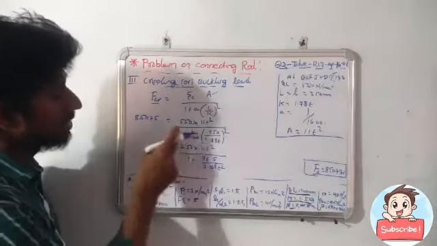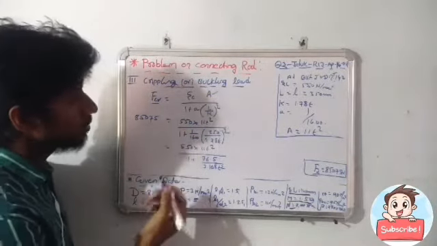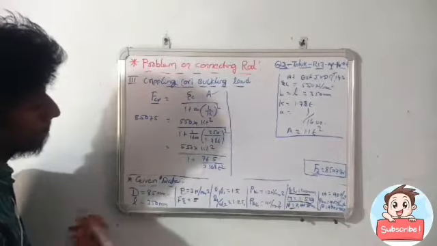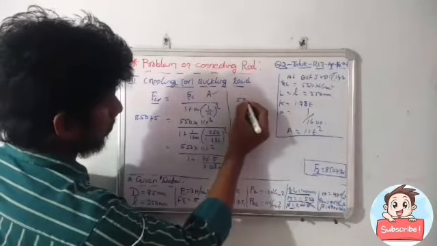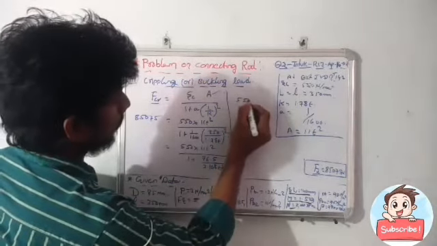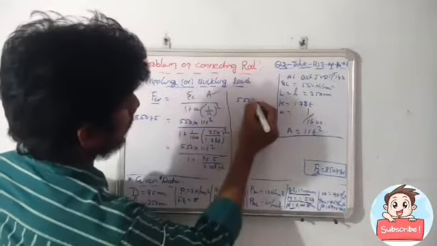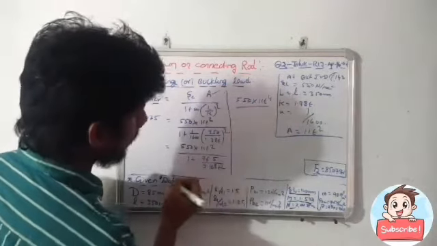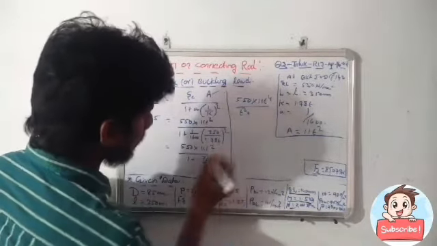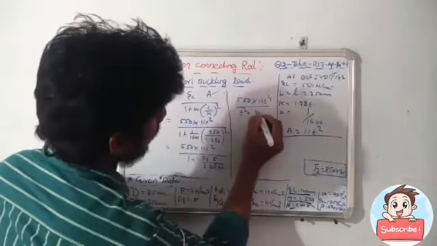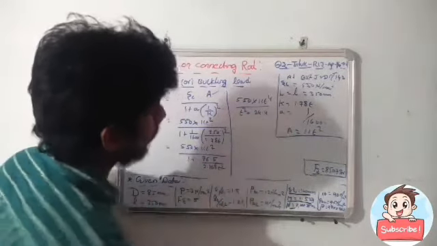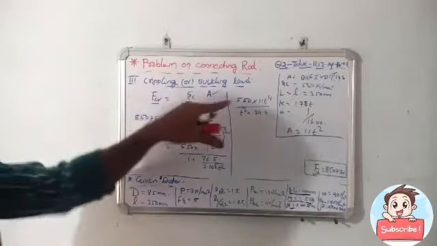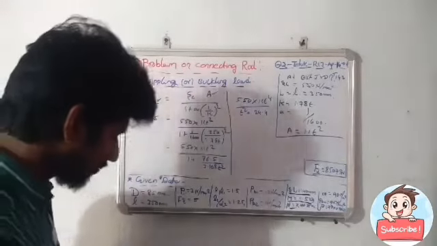By simplifying this one we get this value, and again simplifying, what we get here? 550 into 11 t to the power of 4 whole divided by t square plus 24.4. So let's see, by equating this value to this one, we get the t value here.